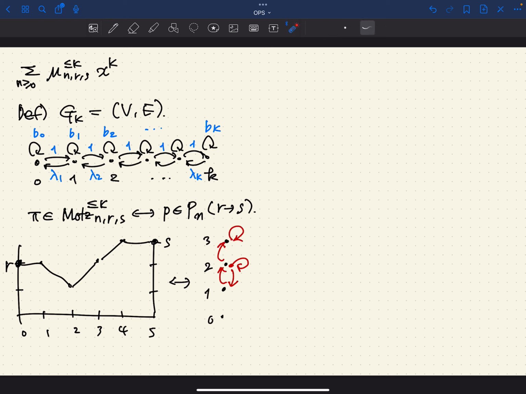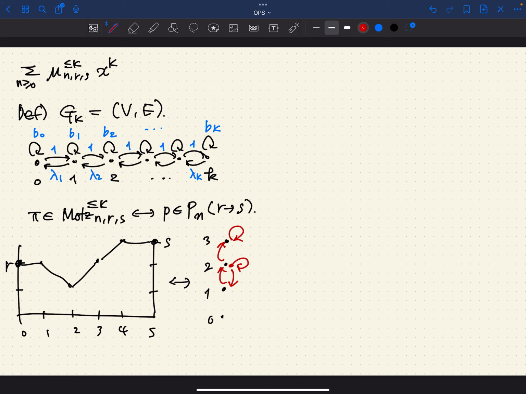So a Motzkin path is really a path in this graph. Because of this height bound, it cannot go below, it must stay in this graph. It cannot leave this graph. So a Motzkin path is really a simple object in this way. It's a path in a line graph like this. It's a simple path graph like this.